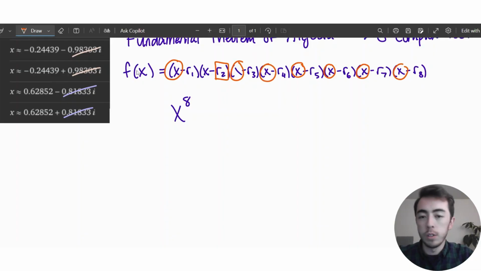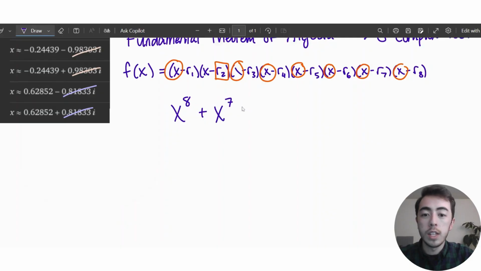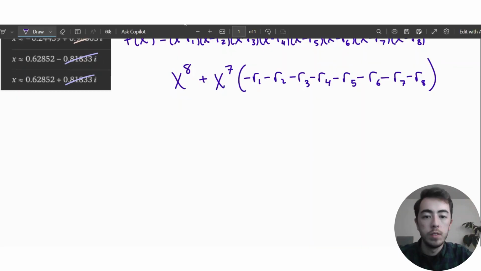And that is true for any of these roots. So for my x to the 7th term, I could get that by selecting 7 of the x's and then multiplying it by one of these roots with a negative sign on it. So that could be negative r1 or negative r2 or negative r3, and you kind of get the gist.